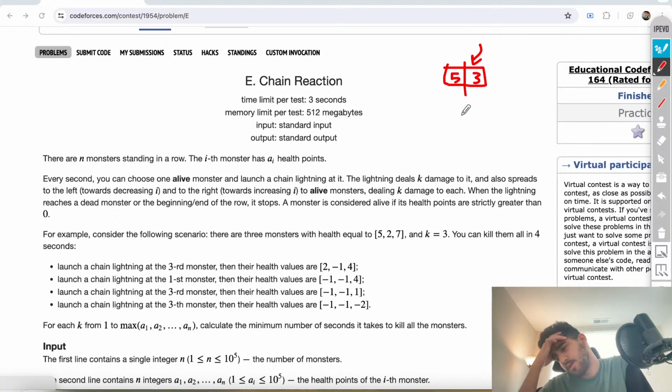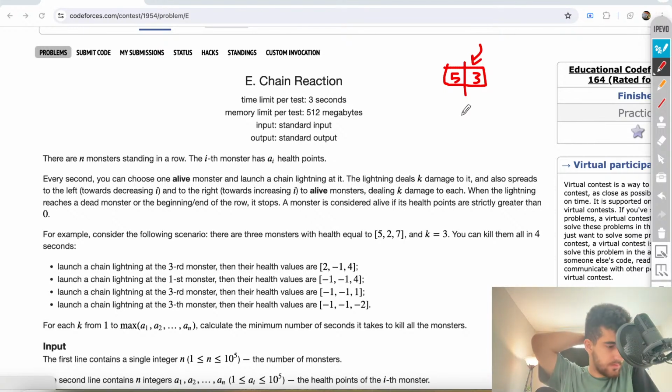Yeah. It splits them into two disjoint problems. Definitely, initially the minimum one dies as the first one.